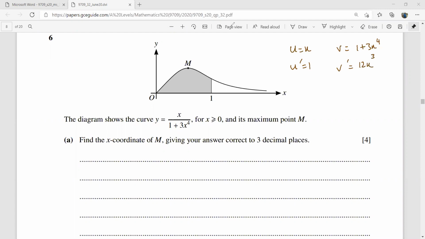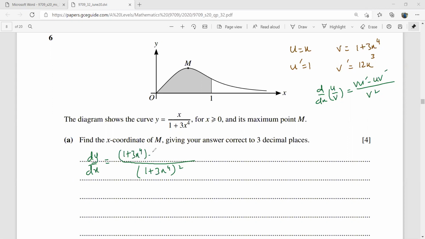The formula for the derivative of u by v is (v u dash minus u v dash) over v square. So this dy by dx is going to be: we have the square of v here, 1 plus 3x to the power 4 whole square, then v times u dash, which is 1, and then minus u times this 12x cubed.